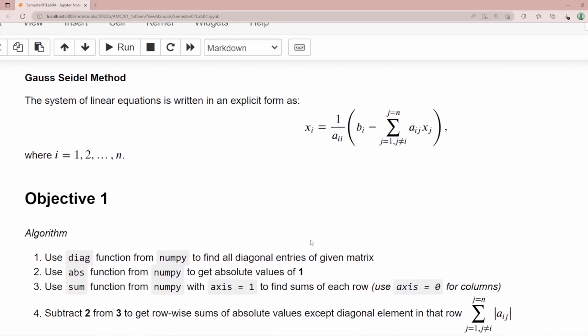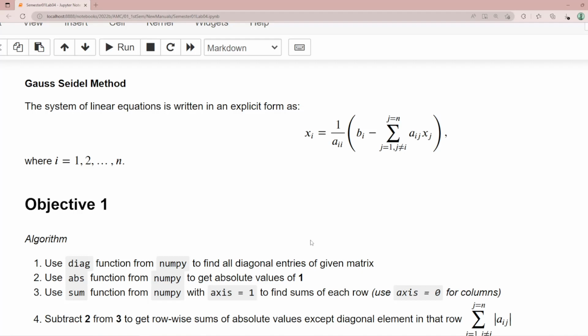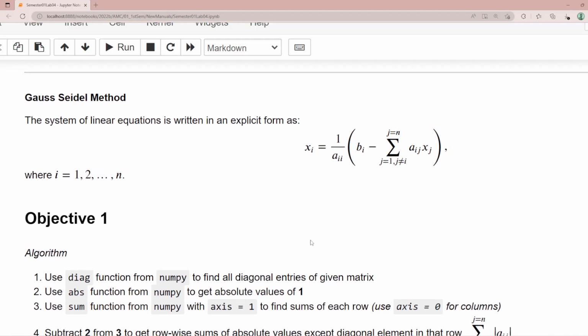Further, let's discuss what the Gauss Seidel method is. In the Gauss Seidel method, the system of linear equations has to be written in an explicit form.